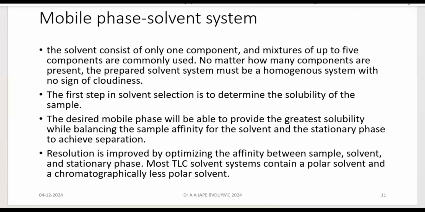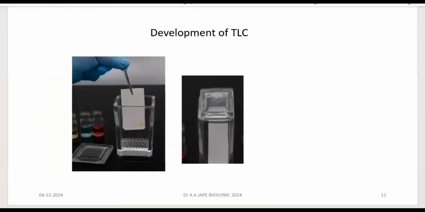If there are more components in a solvent system, more difficult it will be to maintain a saturated atmosphere in the chromatography chamber. Now, once you have prepared the solvent system, you have poured it in the chromatography chamber, and then you are going to place the plate into the TLC chamber, and then it is locked.